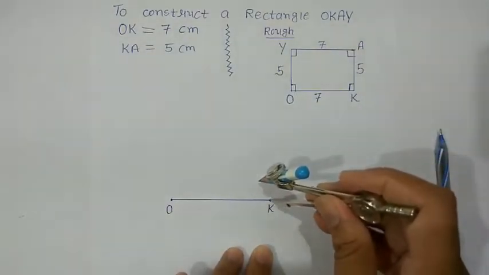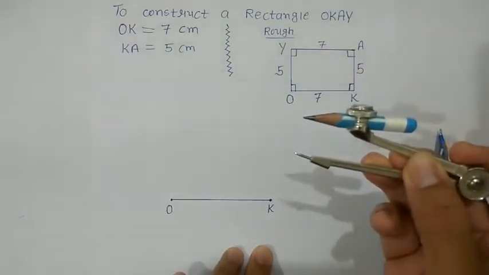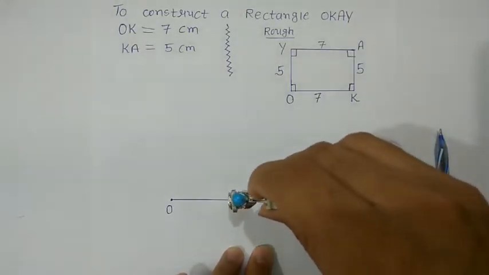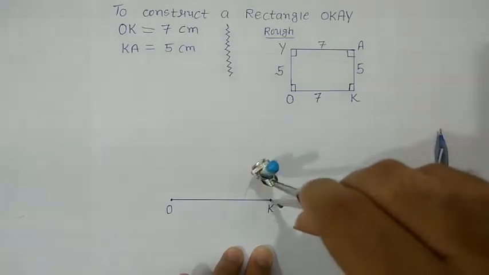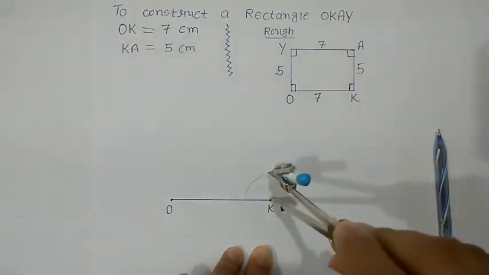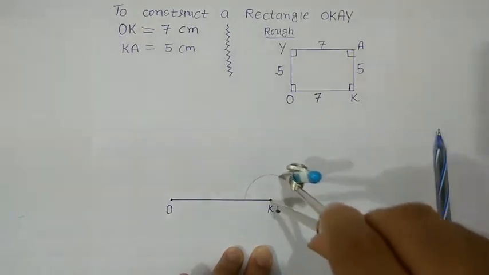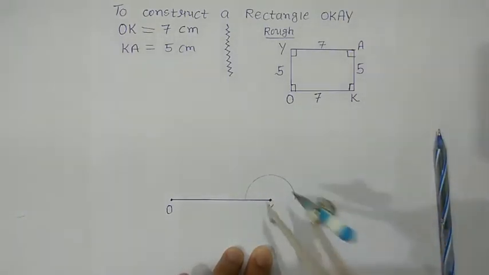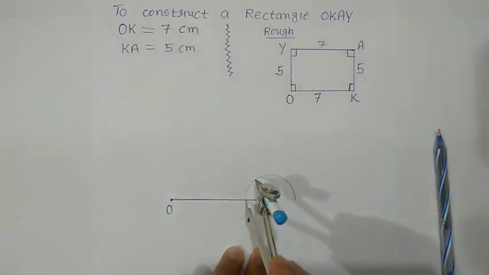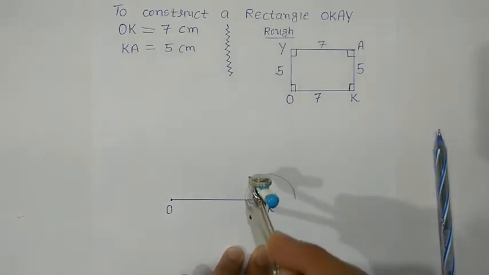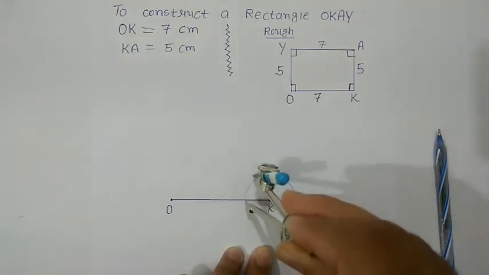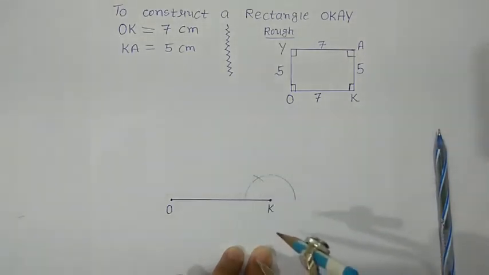To do that, first of all take a radius, any radius. Then make a semicircle type arc in this way. So this is an arc we have made. Now with the same radius we have to keep the point here and make an arc on the previously drawn arc.